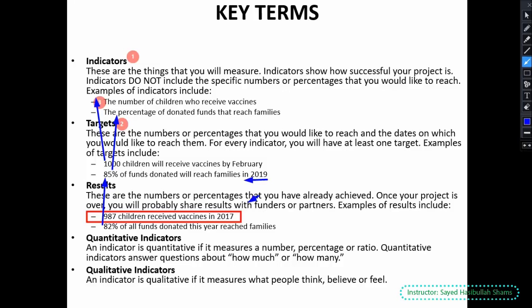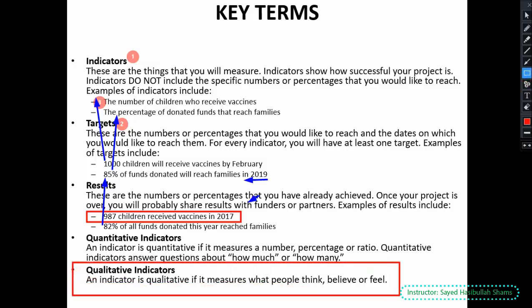Also, we have some key terms about quantitative indicators. What's a quantitative indicator? Quantitative indicators are measured by number, percentage, and ratio. For quantitative indicators, we can apply different statistical formulas, and it's easy to analyze them. While qualitative indicators are not measured by percentage, number, and ratio, these indicators measure people's satisfaction, feeling, and what people think about the project and activity.